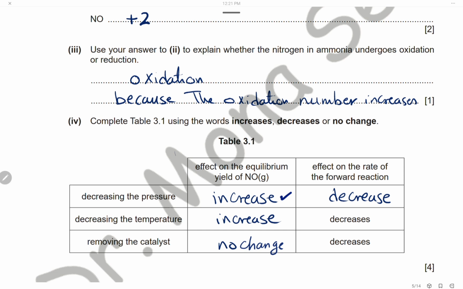The effect of decreasing the pressure on the rate of reaction: the rate of reaction will decrease, because decreasing the pressure means we will have fewer particles per unit volume. The particles will have less frequent collisions, and of course this will decrease the rate of reaction. Second, decreasing the temperature.